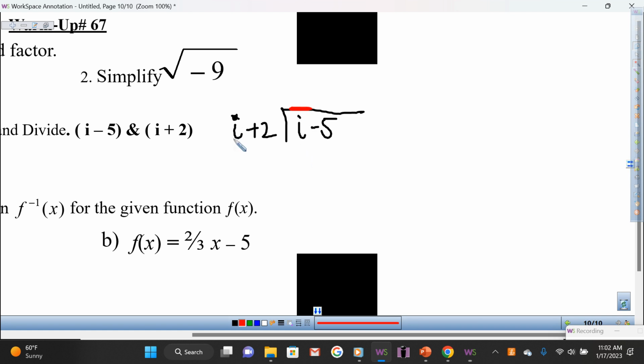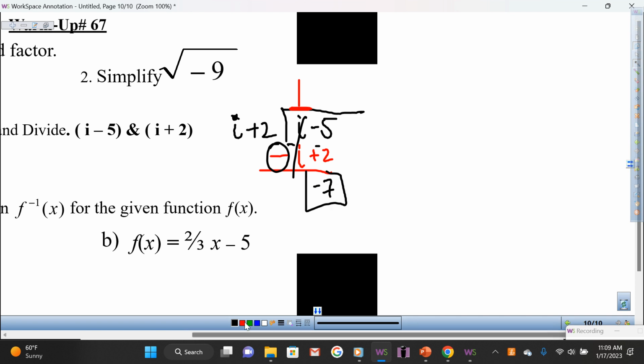What number times i gives me 1i? 1. Write that in there. So let's see, 1 times i is i. 1 times 2 is positive 2. Then we're going to subtract. That means we take this negative, distribute here and there. So, -5, -2, that's -7.